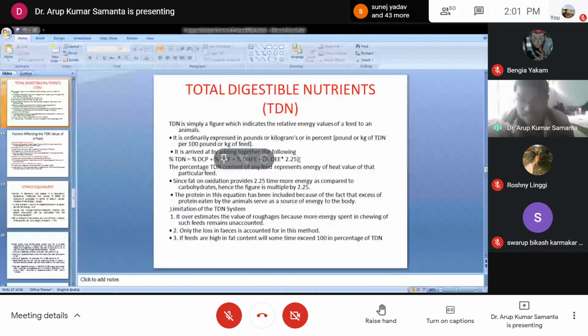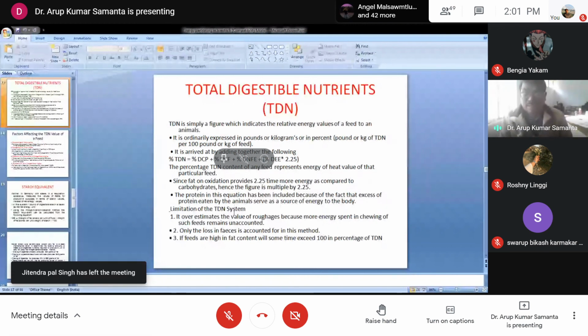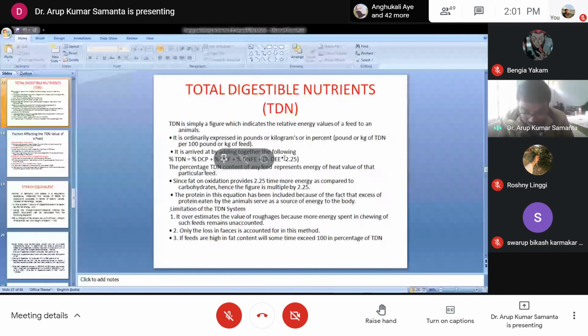Then other than that, if you are adding the DCP percentage, DCF percentage and DNFE percentage, it is crossing 100 percent in case of TDN percentage. That's as the factor is very high for multiplication with the digestible ether extract. That's why TDN value will be very high if the digestible fat content is more, and if the mineral content is more, definitely the TDN percentage is going to be less.